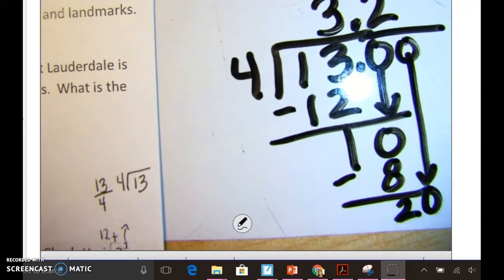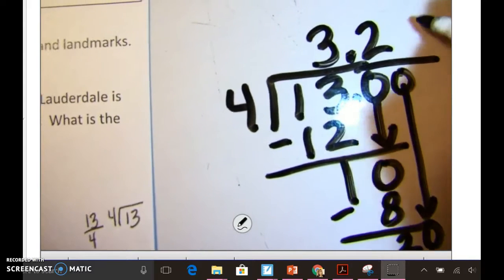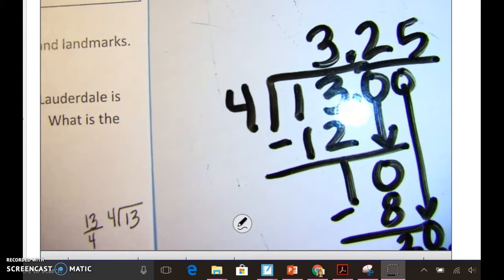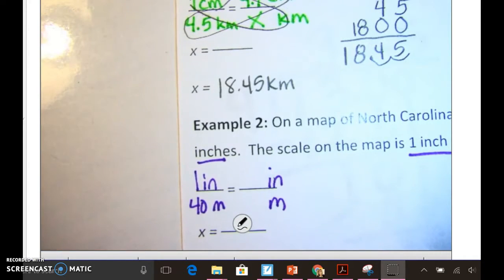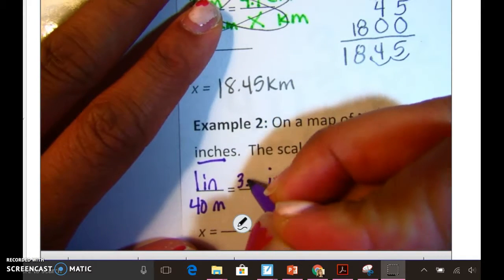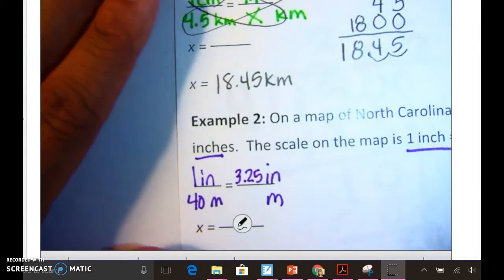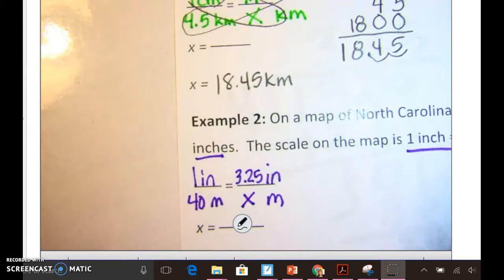And 4 goes into 20 5 times. Minus 20 equals 0. So instead of writing 3 1/4, you can write 3.25 for the inches, and then you find the miles. Now that it's set up, find your cross products, multiply, and find the actual miles, and then raise your hand for Ms. Gardner or me to check.